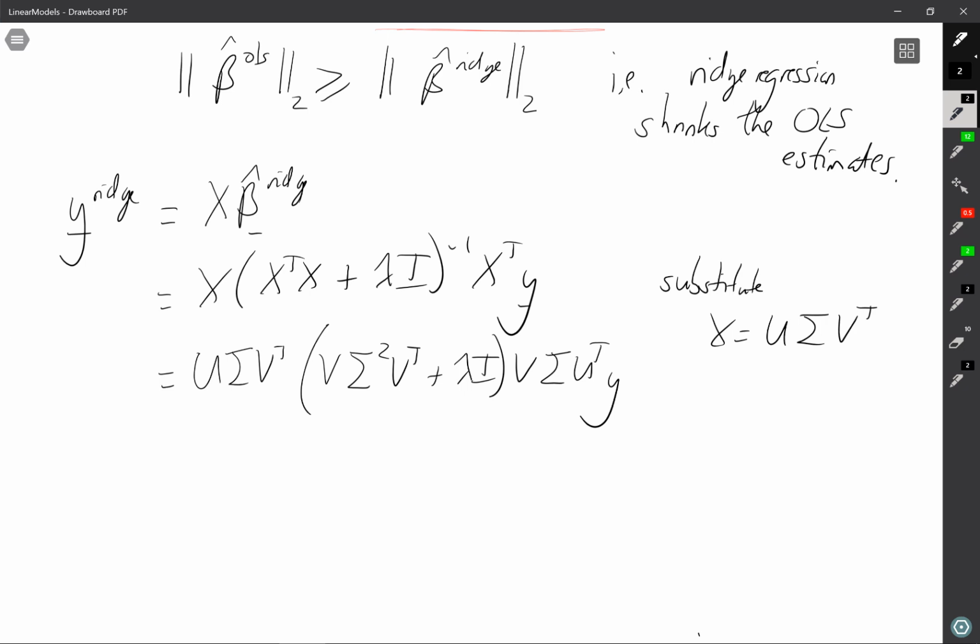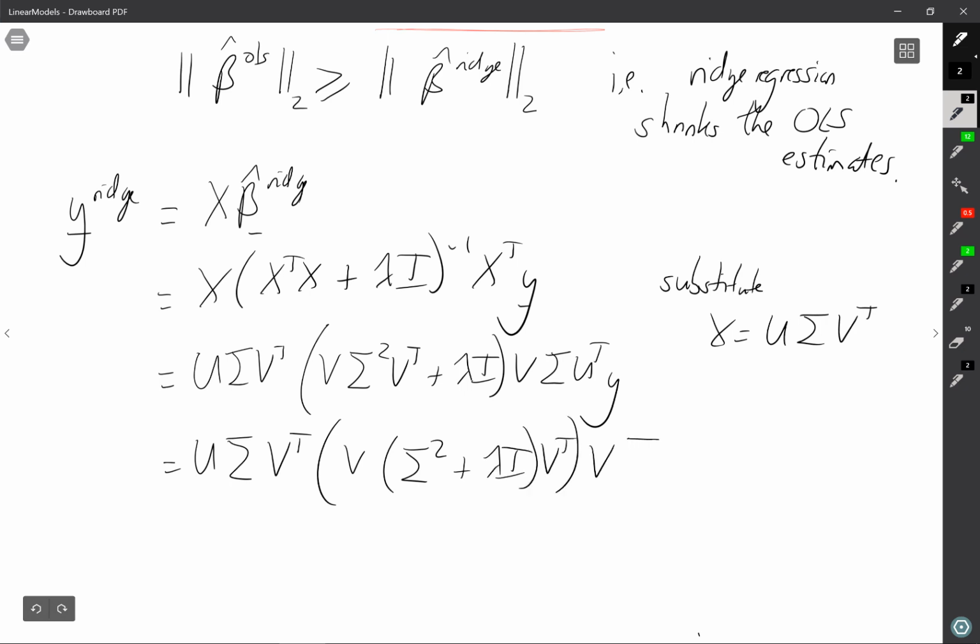Now let's be a bit sneaky here. This is U sigma V transposed. Now let's think about taking this term here. So we've got V, and I want to write this as (sigma squared plus lambda I) V transposed, V sigma U transposed y. Now remember, V transposed V is the identity.